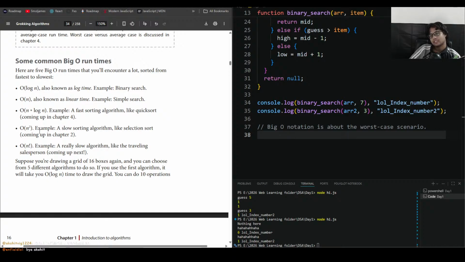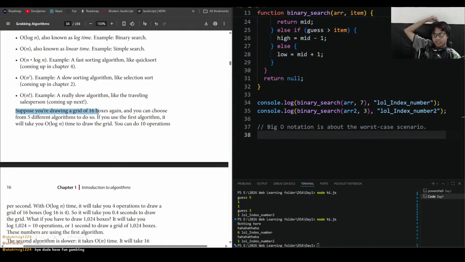O(n squared), example a slow sorting algorithm like selection sort, coming up in chapter 2. O(n factorial), a really slow algorithm like the traveling salesperson, coming up.